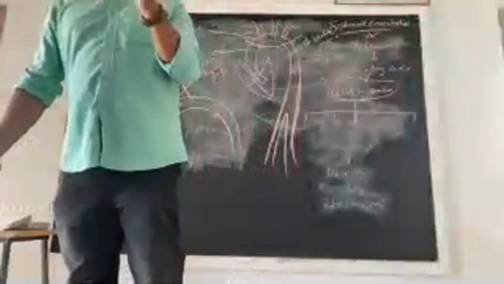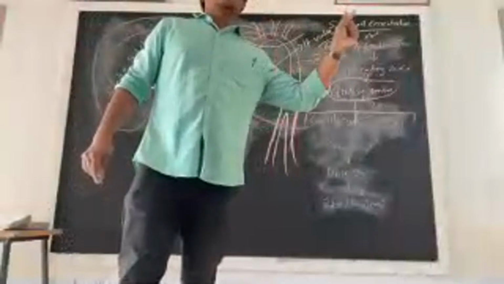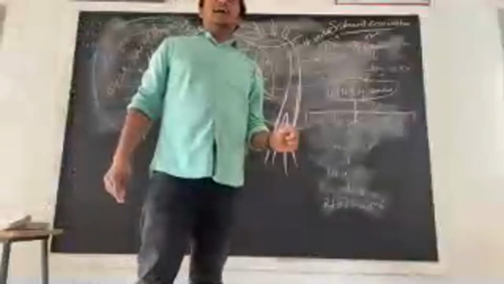Now, from the name itself, we can understand that brachio is related to the hand and cephalic is related to the head. That means these arteries give blood supply to the hand and head.